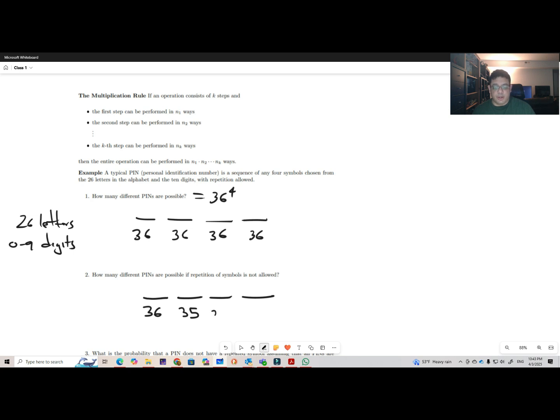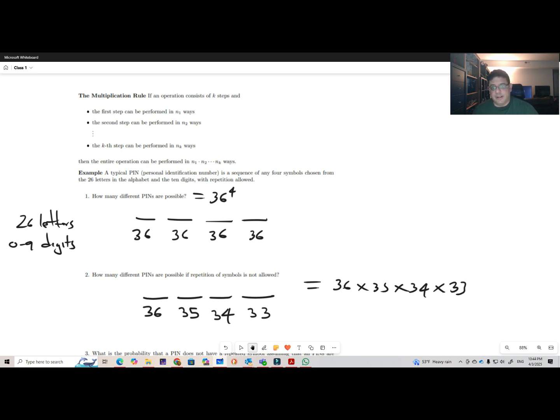For the third key, I have 34 options because I cannot repeat what I got in the first two. And similarly for the last one, I get 33, so I don't repeat any of these. The final number of options here is 36 times 35 times 34 times 33.